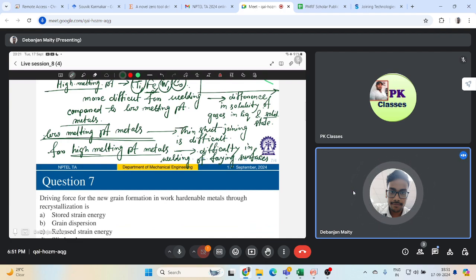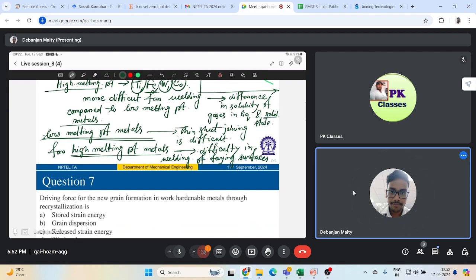There we don't talk about whether the metal should go above or below melting. We talk about more strain, more stress, strain rate. Now, ease of joining in solid state welding processes will decrease with an increase in melting temperature of parent metals.